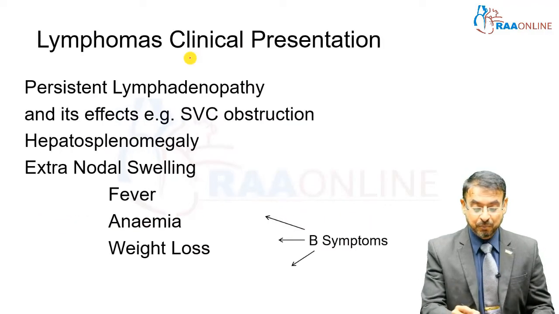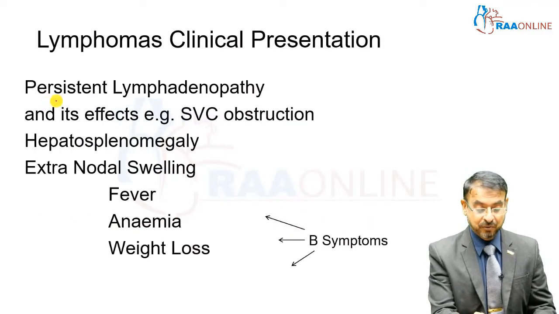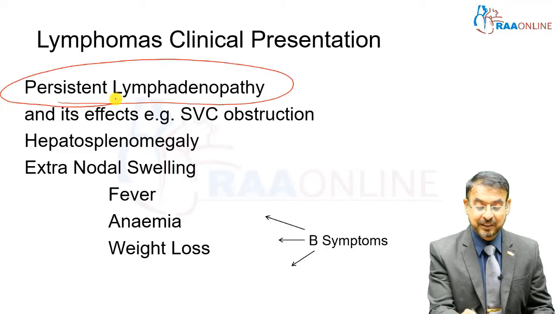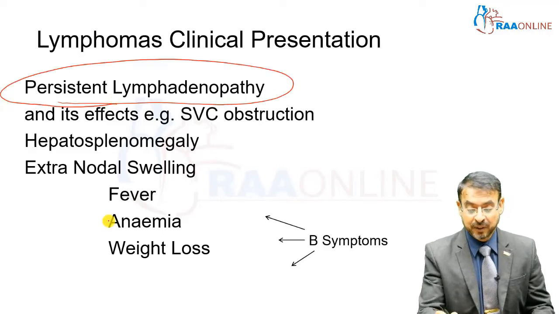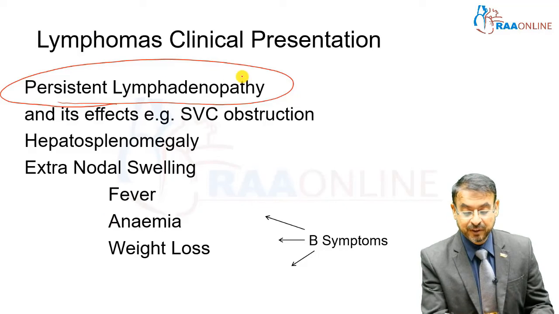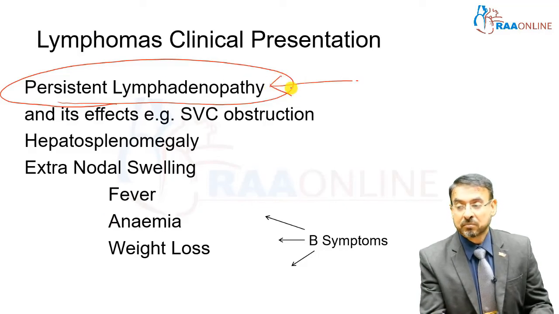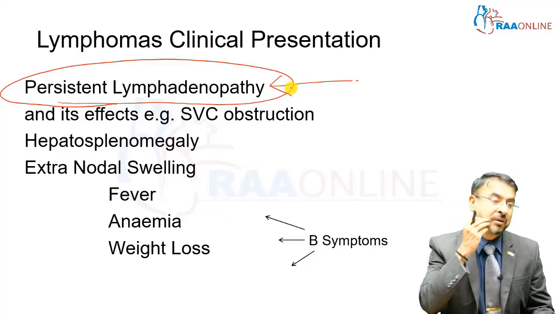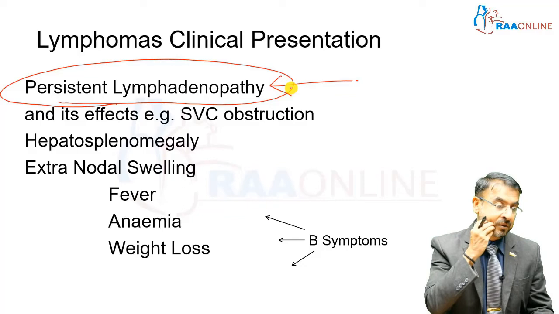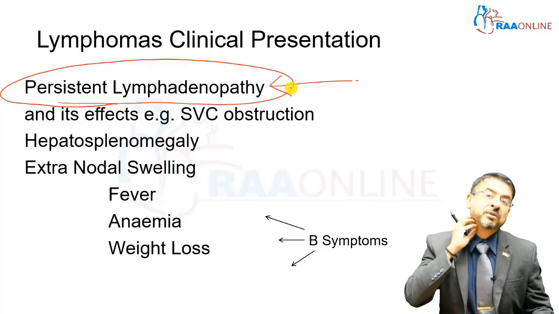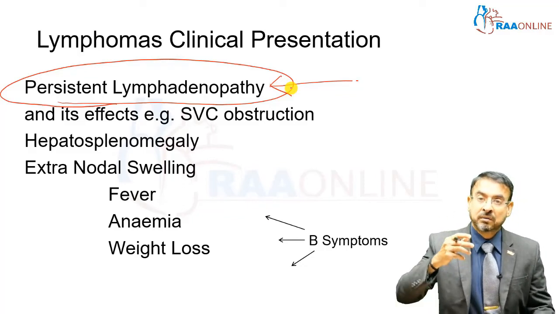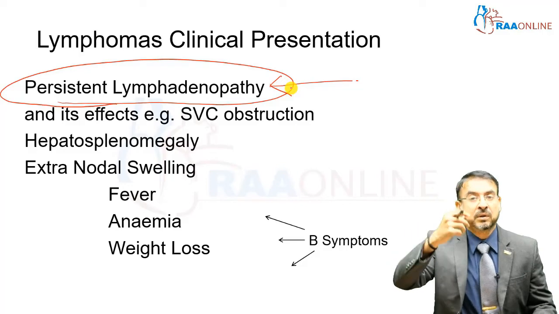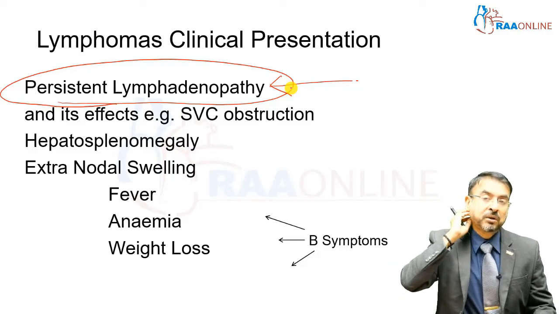The most important clinical presentation of lymphoma is persistent lymphadenopathy. You may have lymphadenopathy in many conditions. In any chronic inflammation, the lymph nodes enlarge. If you have an abscess or any infection in the tooth, the lymph nodes in the cervical area enlarge. If a person has an infection in the scalp, the occipital nodes enlarge.